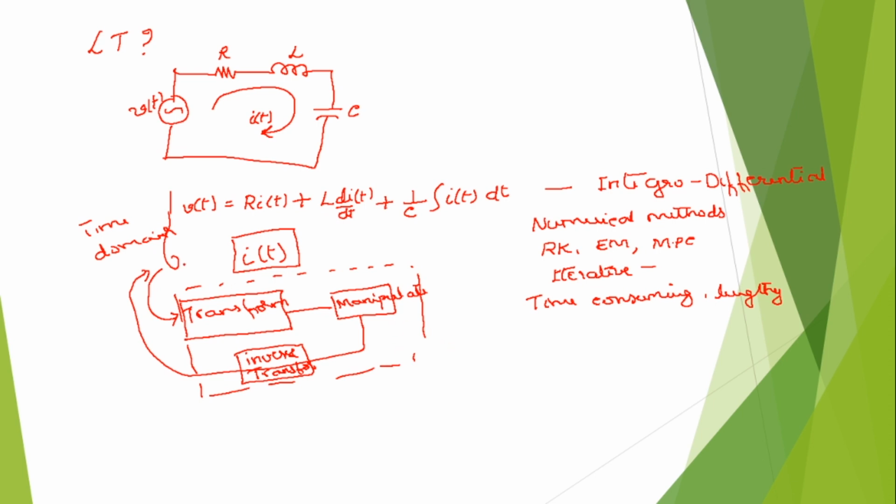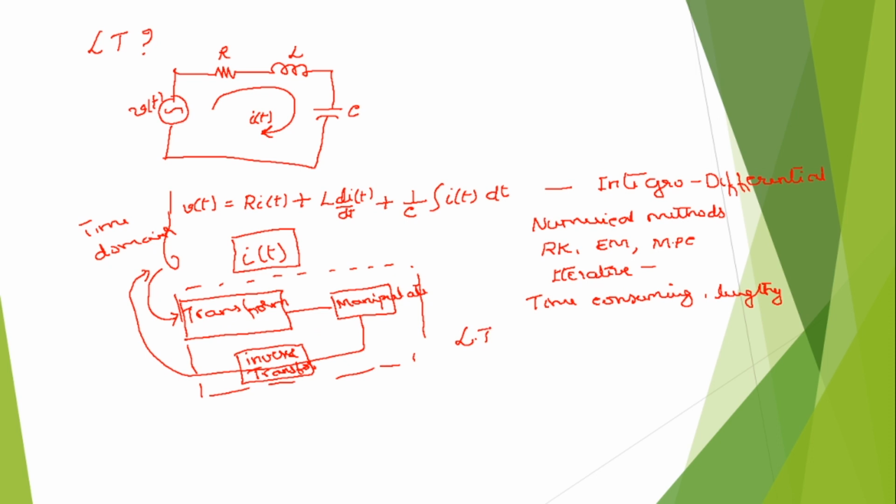So from the time domain platform we transform into some other domain, then manipulate in that platform, and then take the inverse Laplace transform, bringing it back to the original time domain. This consumes less time as well as being easy. So how to transform? To what platform to transform? There are various methods.